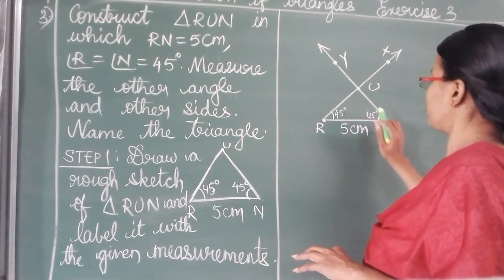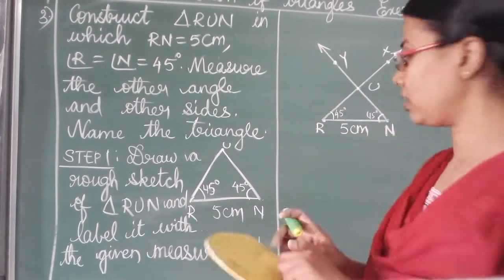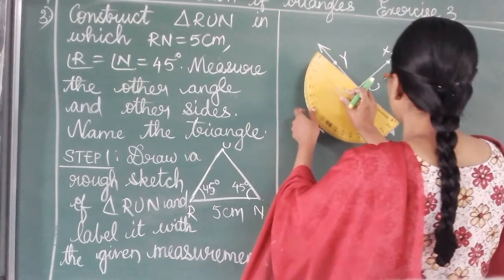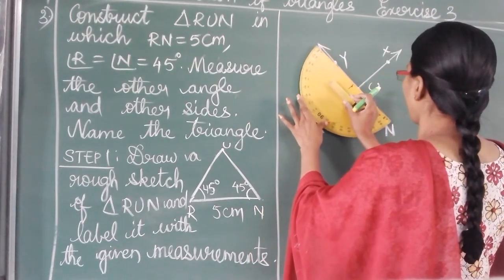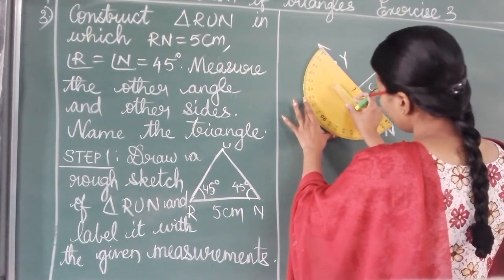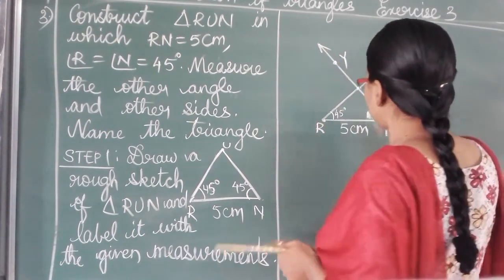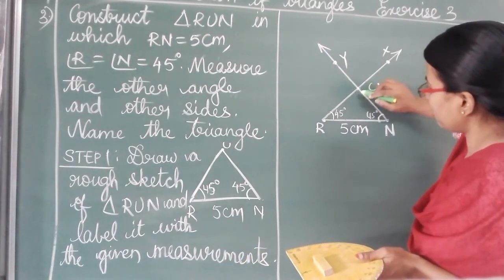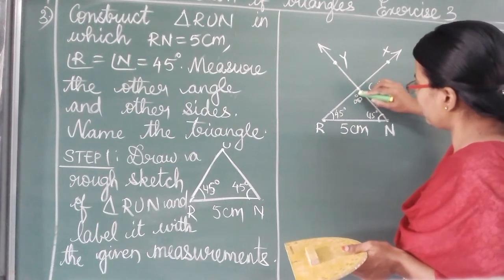Now we have to check what is this angle. Use your protractor and check the angle. So here when you take Ny as the base, you can see that the line drawn here is at 90. Angle is at 90. So this angle is 90 degrees.